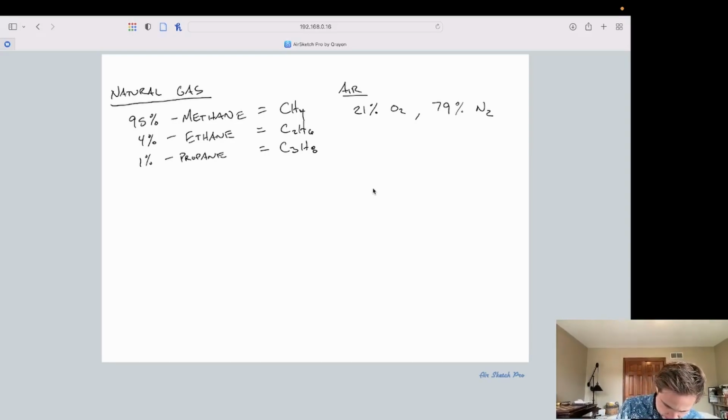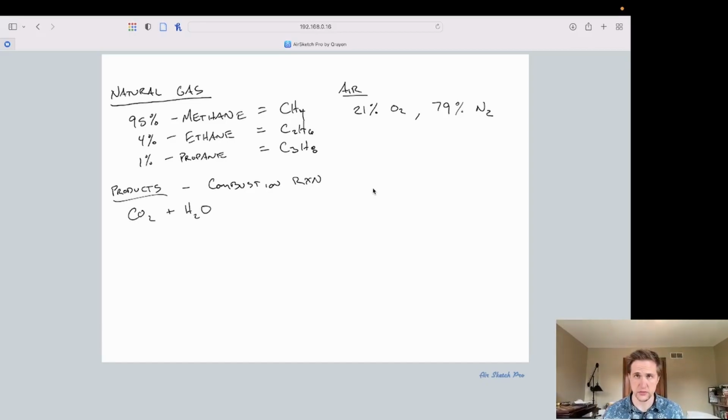And the products of a combustion reaction, let me write that out, are CO2 plus water, and in this case we're going to have our excess air as well, plus excess air.